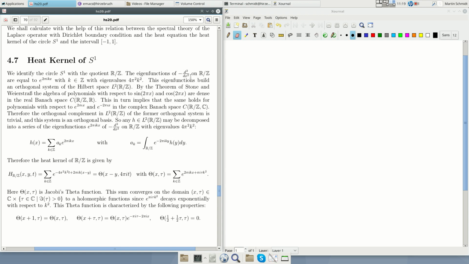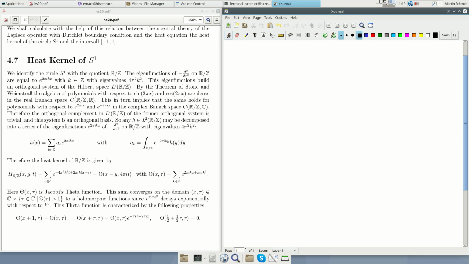Since minus Laplacian is a positive operator, we always take this minus in front of the Laplacian. Now clearly exponential of 2 pi i kx are eigenfunctions of the Laplacian.